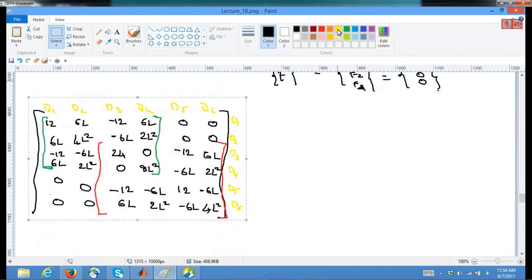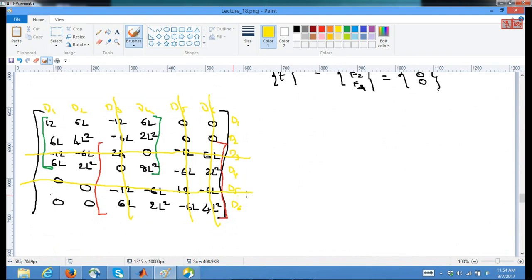I strike off the third column and the fifth one and the sixth column. Similarly, the third row, fifth row, and the sixth row have been struck off.